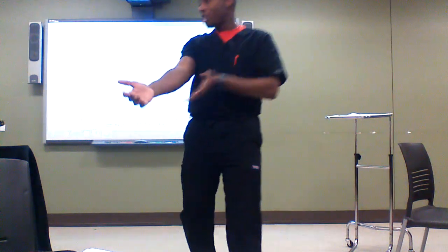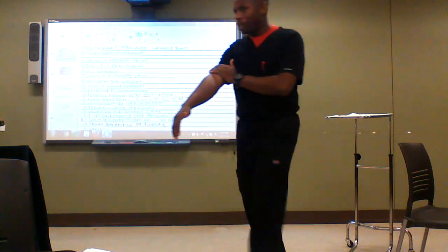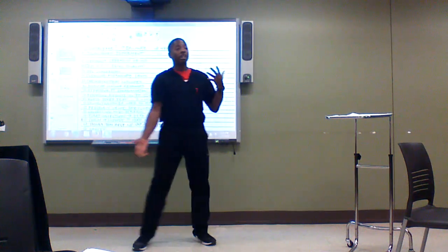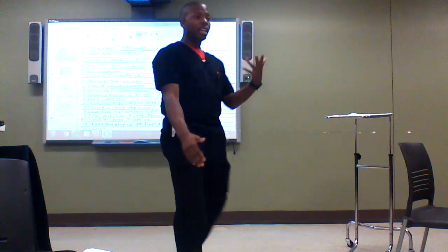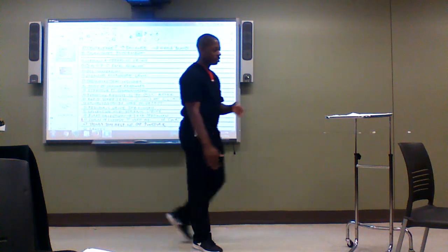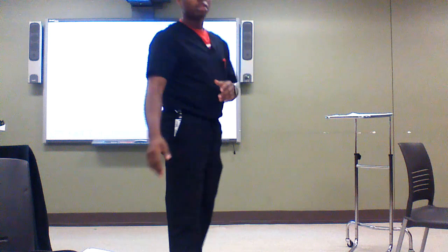You may have been taught to put 3 to 4 fingers. What they really want you to do is go at least 3 to 4 inches, preferably 3, above the site that you are trying to stick.